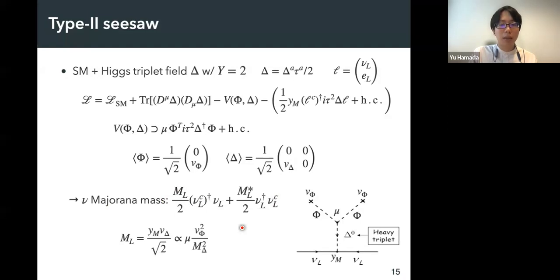Diagrammatically, this is expressed by this diagram. We can see that this mass should be proportional to the mass of the delta, because this is mediated by delta. So if we take a heavier delta and a small vev, then we can naturally explain the light neutrino mass in this model.